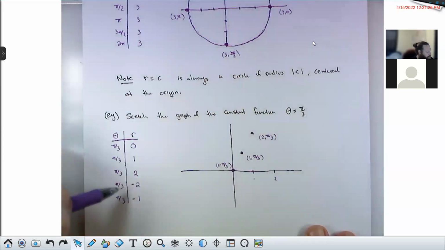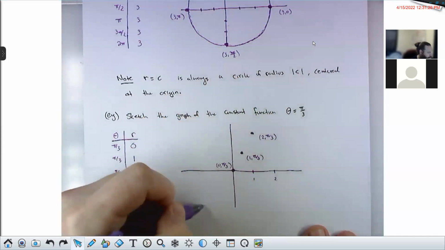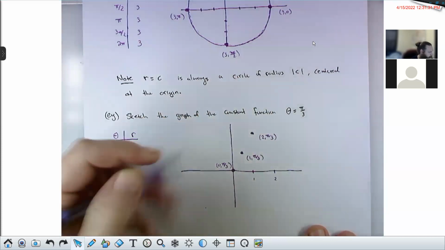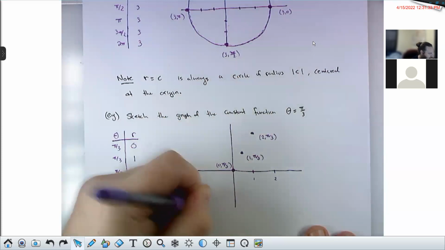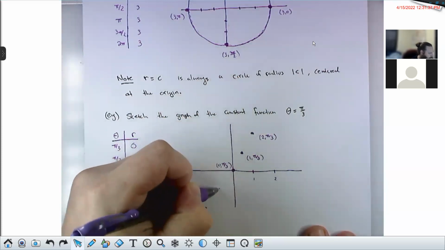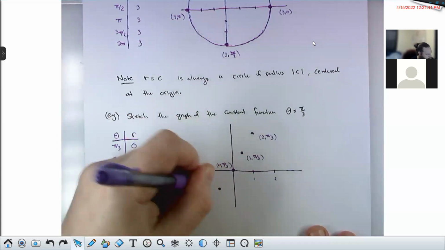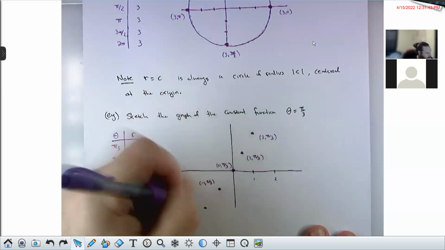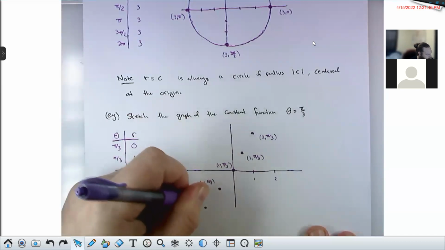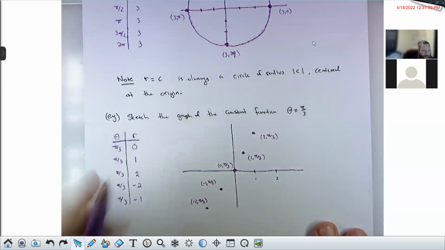And then if I want -2, pi over 3, I would reflect this point through the origin. If I want -1, pi over 3, I would reflect this point through the origin. This is -1, pi over 3. This is -2, pi over 3. And you see the pattern here, right?